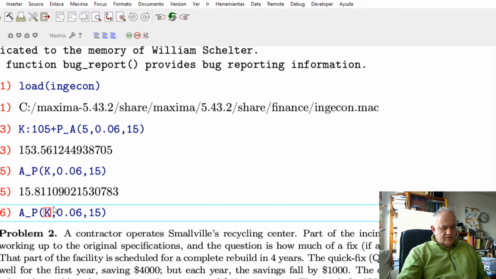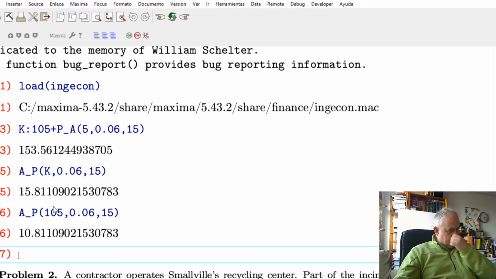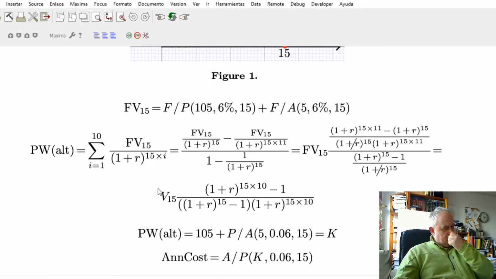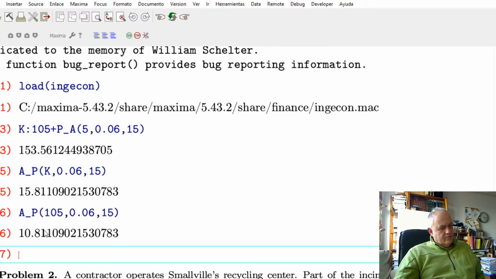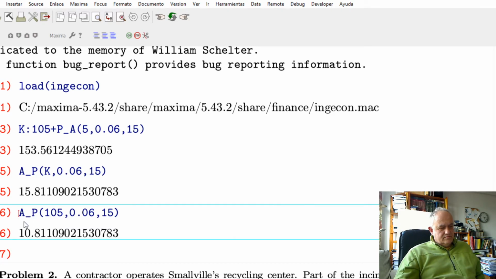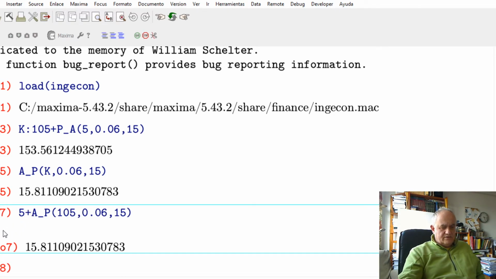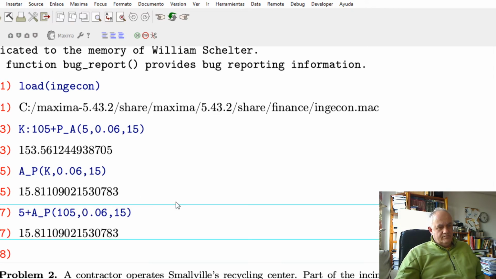If we introduce here the initial 105 installation cost, we have that the annuity of 5 that has to be paid, plus the corresponding annuity to the initial cost, that is 5 plus this, will directly give us the answer, 15.81.